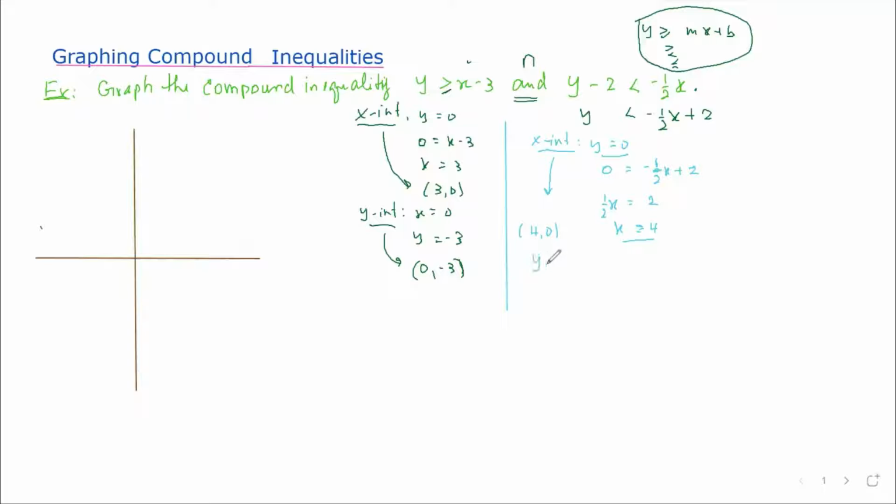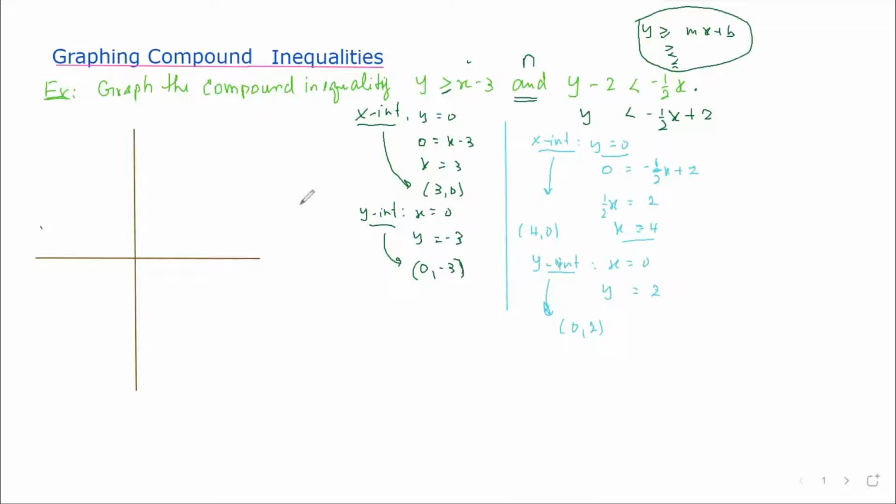Now we find the y intercept: x becomes 0, so y equals 2. The y intercept point is x 0, y 2. Now we can start to plot the graph.